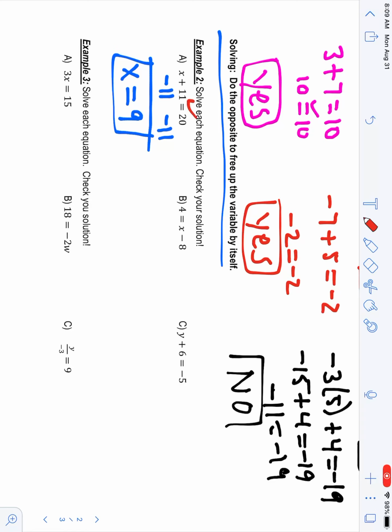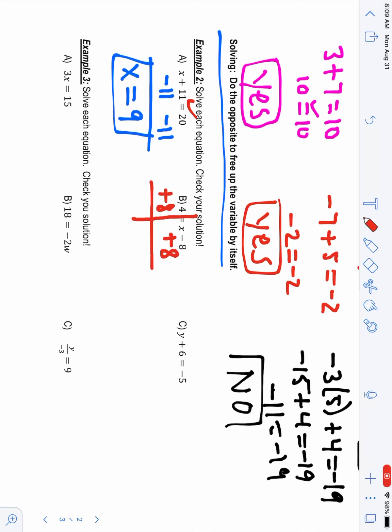Now, letter B is the same thing as A, except they flipped it on us. Remember, we're always trying to get the letter by itself. So I have x minus 8 on this side. I need to move this 8 away from the x. I want the letter by itself. Remember, if I do it to the right side of the equal sign, I must do it to the left. If you need to draw that line, go ahead.